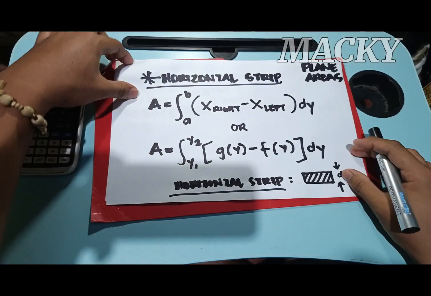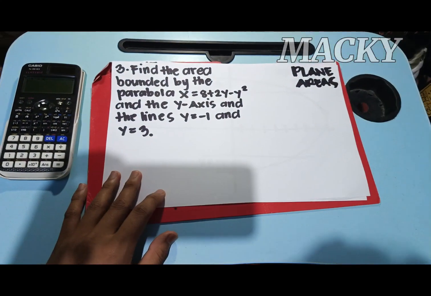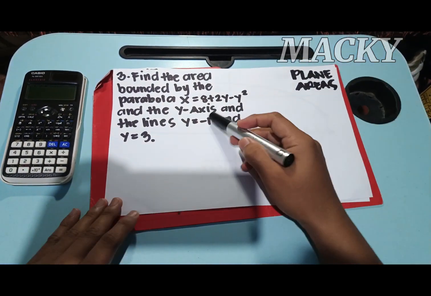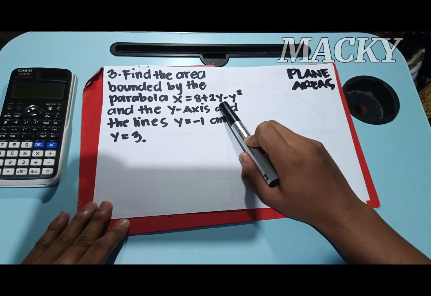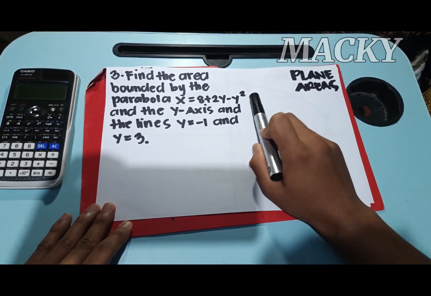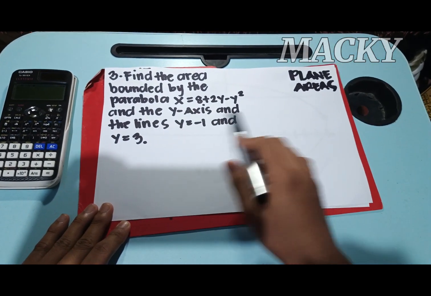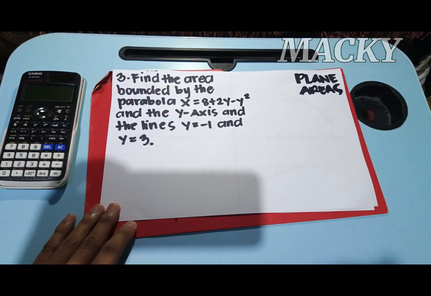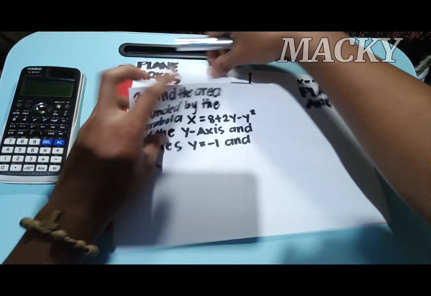Now we are given: find the area bounded by the parabola x is equal to 8 plus 2y minus y squared and the y-axis, and the lines y is equal to -1 and y is equal to -3.